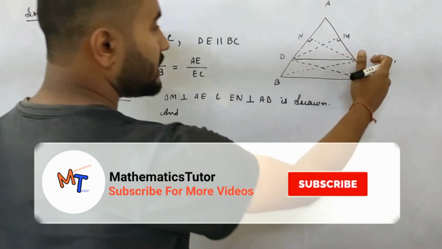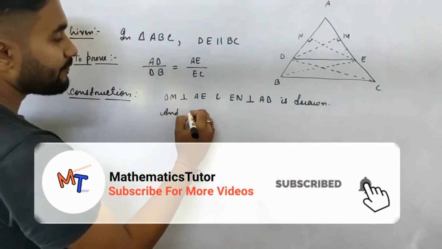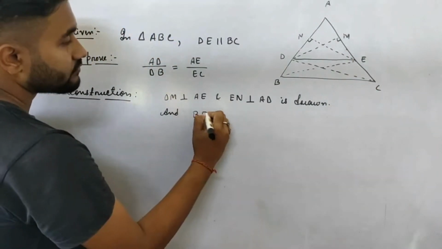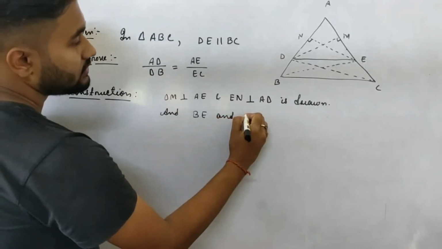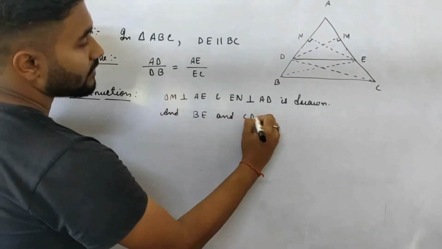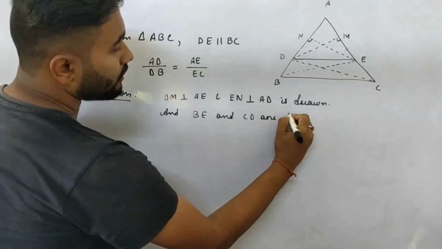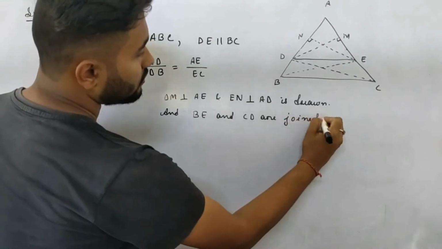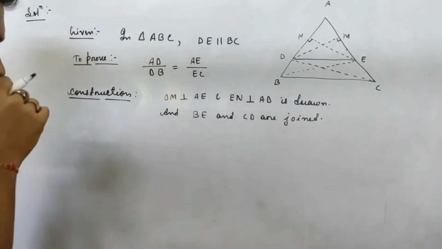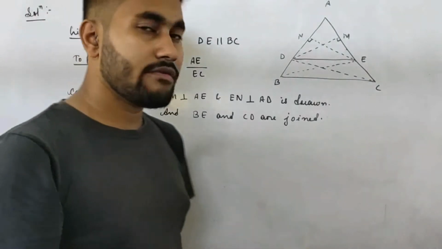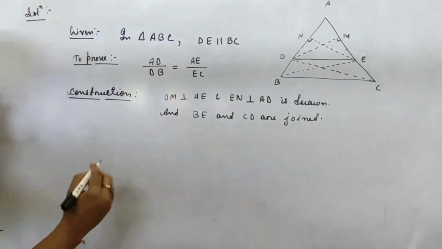So there two points are there, B and E. So we will write, BE and CD will be joined, not drawn. Understood? So this is the construction. Now we will start the proof. So let us see the proof.